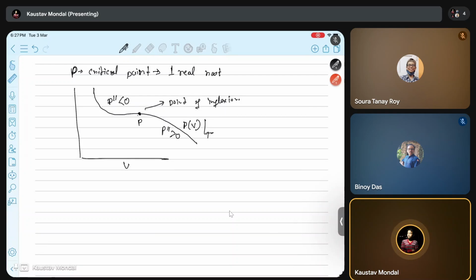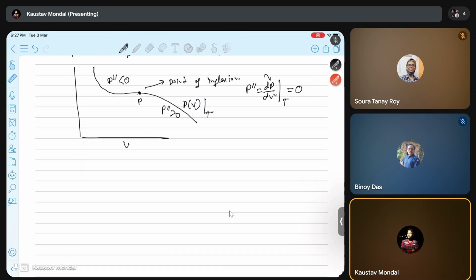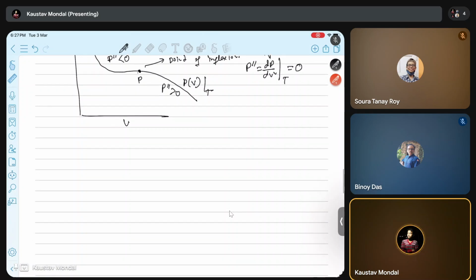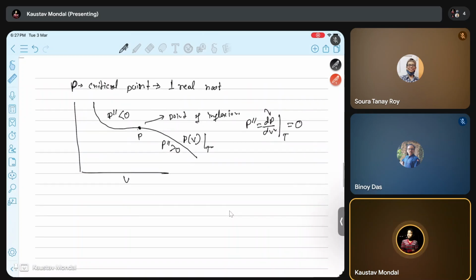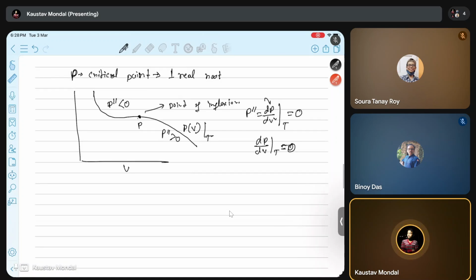At the point of inflection, d square P by dV square at fixed T is 0. So using this condition and the extremum condition, del P by del V at T equal to 0, we can calculate this point of inflection.